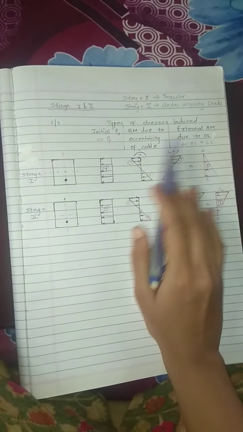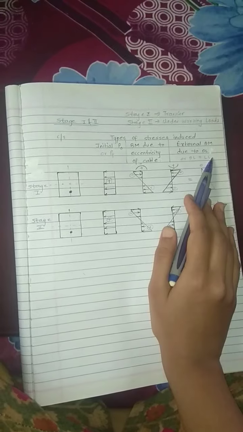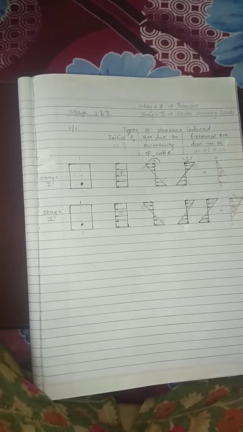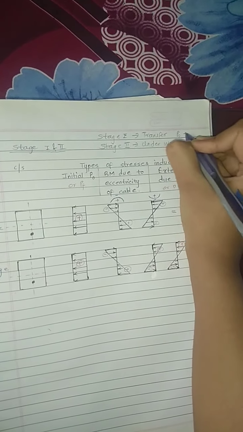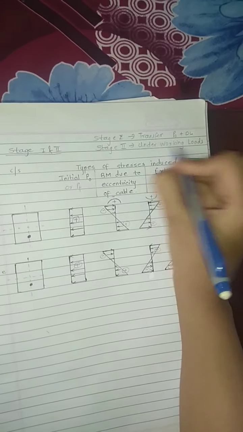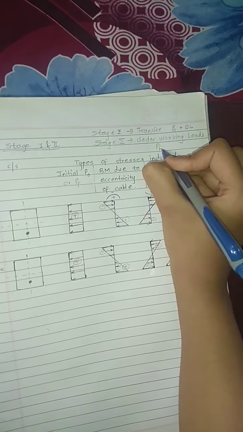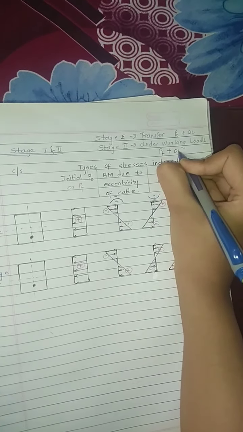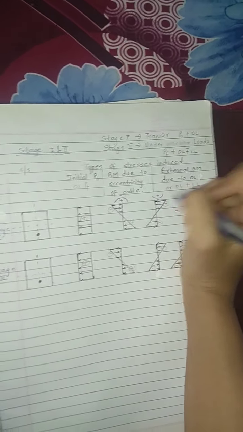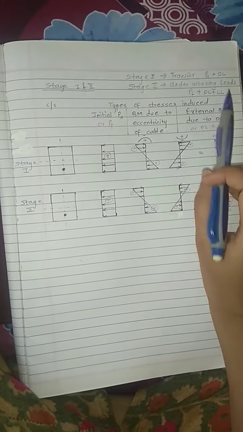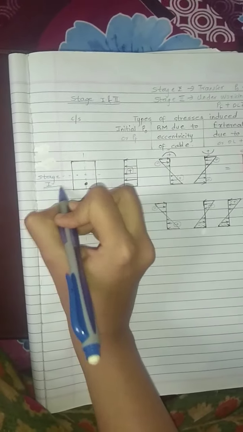So what are the types of stresses induced? As we saw, at transfer there is initial pre-stressing force and dead load, and under working loads there is final pre-stressing force plus dead load plus live load. Okay, so this is the first stage.